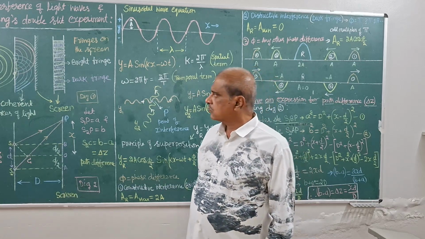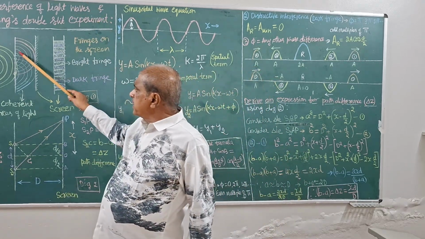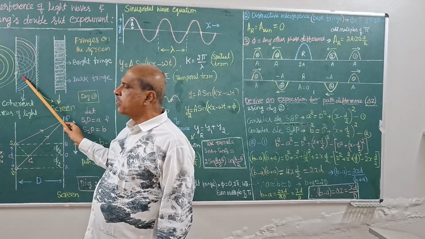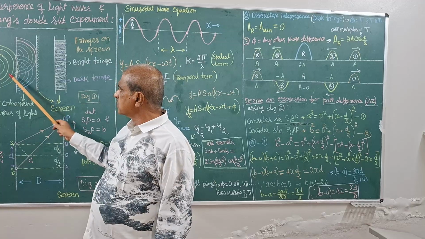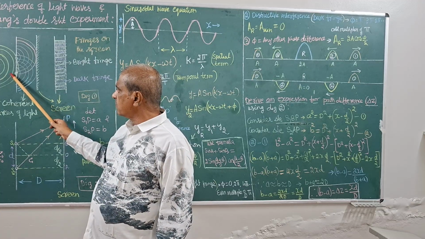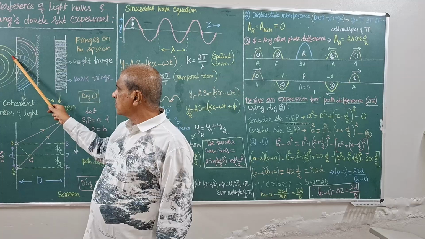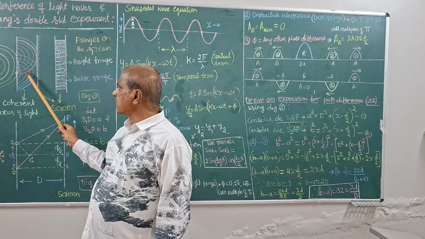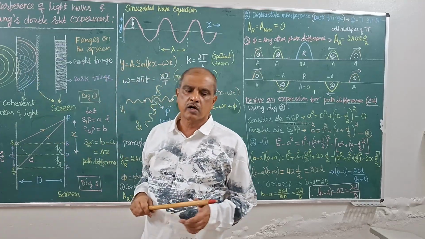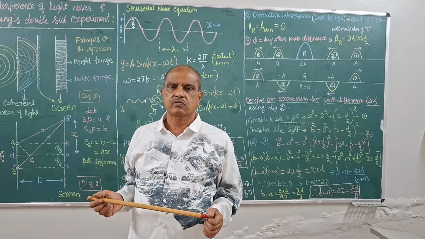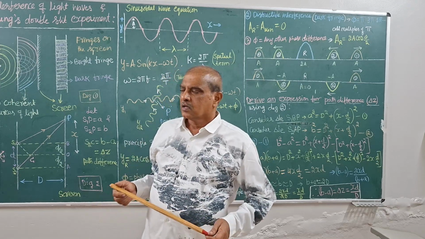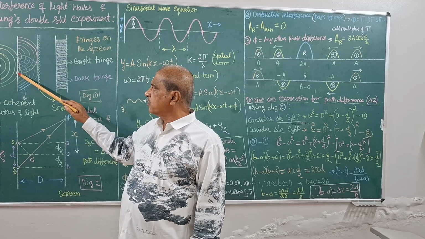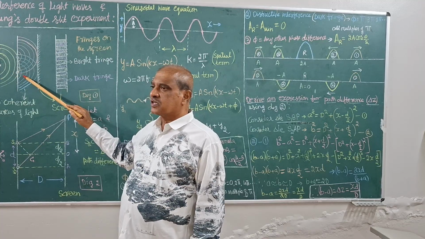And one more thing, why are we using coherent sources of light? If we use lights which are not coherent, that is two different sources of light, here one source, another source, these two lights would not have coherence. The reason is they are not in the same phase. They produce light of different frequency or wavelength.